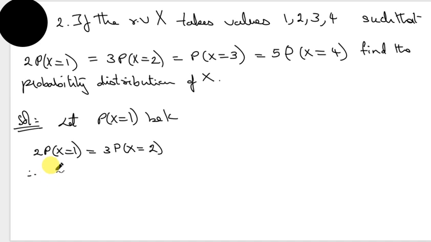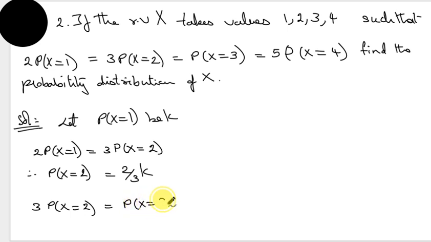Therefore, I have the probability of X equal to 2 is equal to 2 by 3 times P of X equal to 1, which is k. Similarly, let us go to the second relation. 3 times P of X equal to 2 equals P of X equal to 3. Hence, P of X equal to 3 is 3 times 2 by 3k. I am substituting from the previous step, which is giving me the value as 2k.